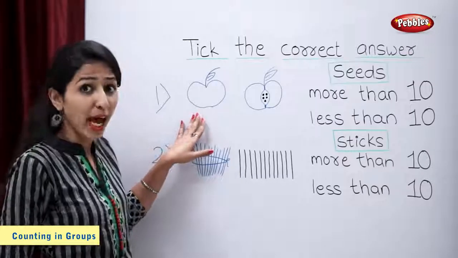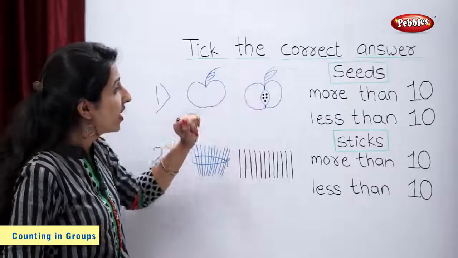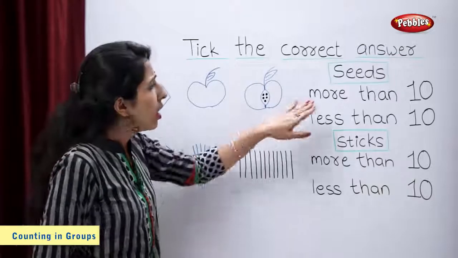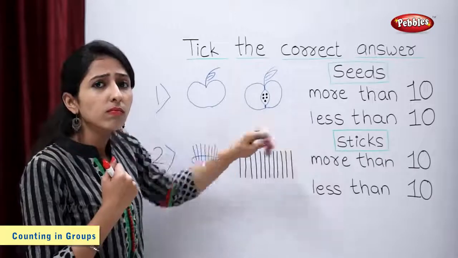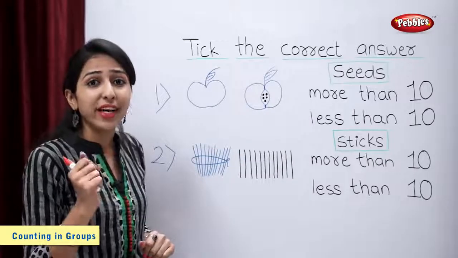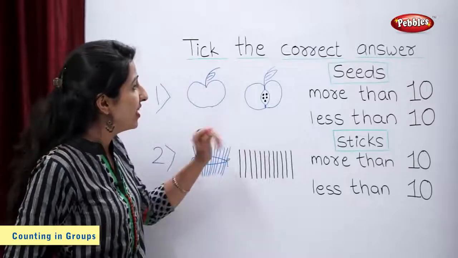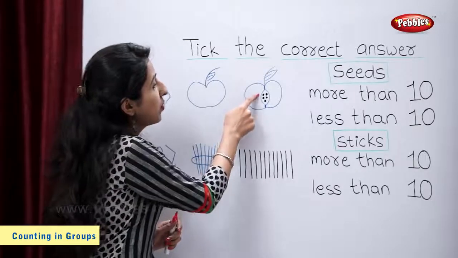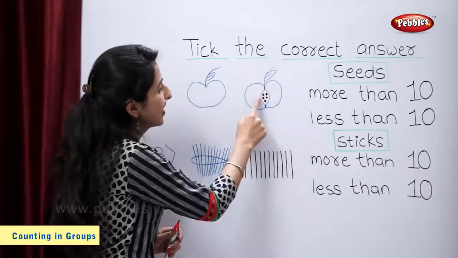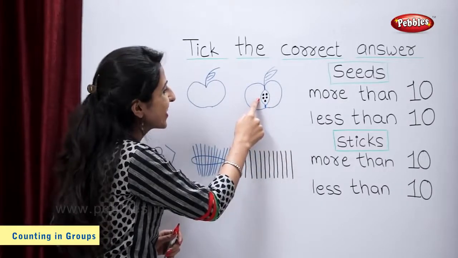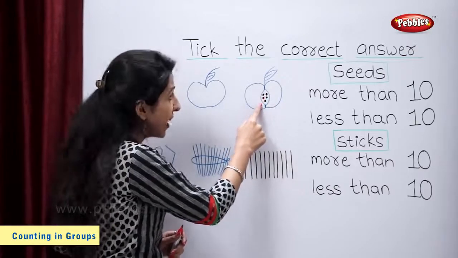This is an apple. It has some seeds. Seeds are more than 10 or less than 10. Let us find out. Let's count the number of seeds in this apple. 1, 2, 3, 4 and 5.